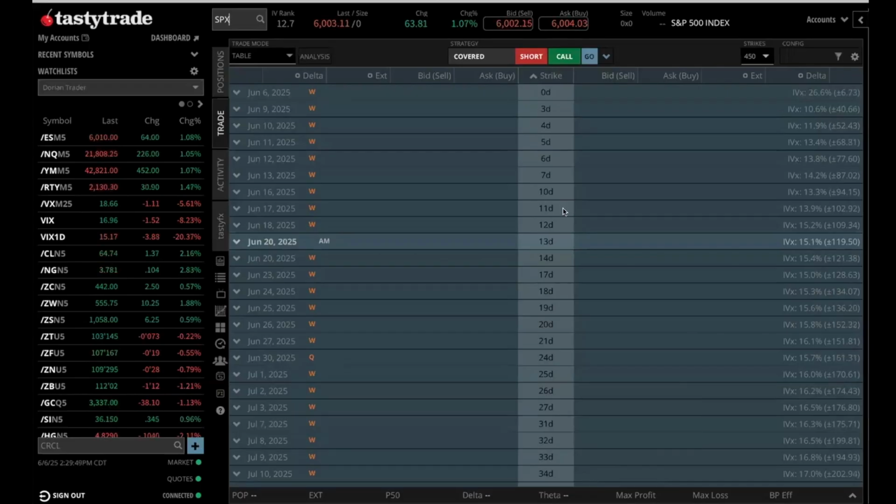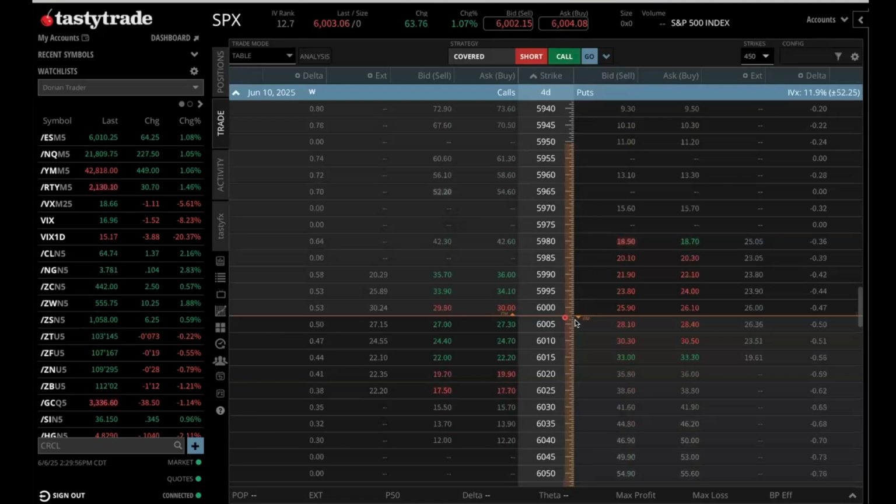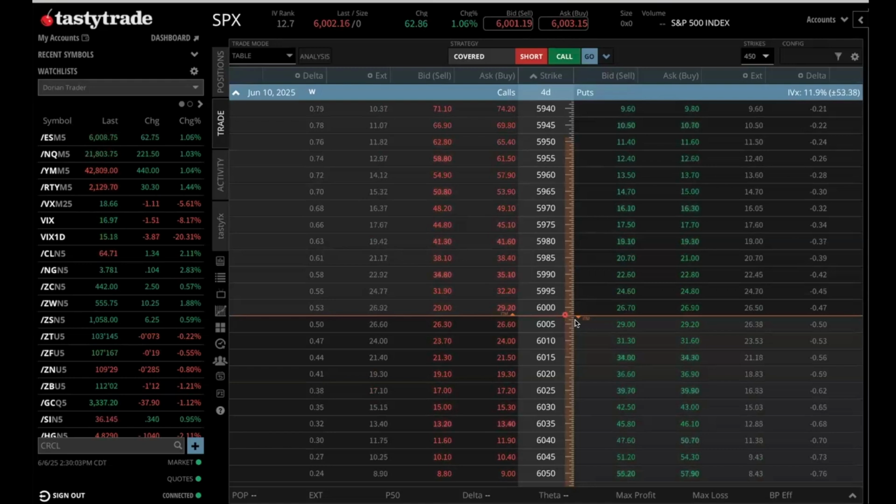So for example, if we were going to do a trade that is, let's say 4 days out. Okay, it's normally a 7DT trade, but I just want to use the 4-day because we might actually do a trade with it right now. What we do with this 7DT trade is we check the economic calendar first.